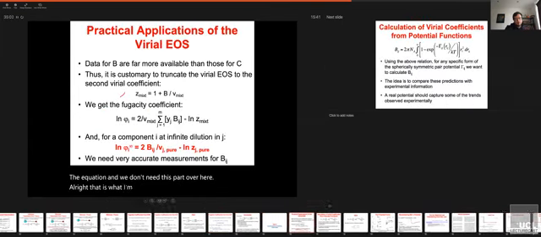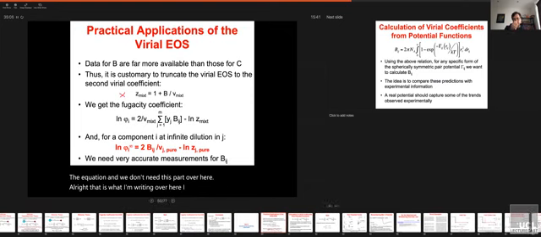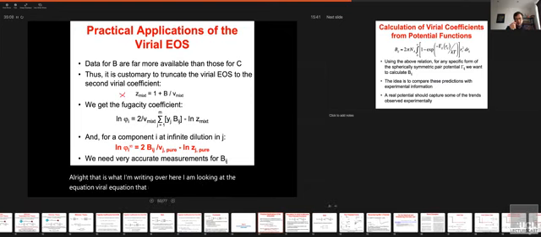I am looking at a virial equation that is written for a system. It can have multiple compositions in there, but I look at the limit at very, very low densities where the second virial coefficient is enough. Then I can do the same approach. I can put it into the equation, find out the fugacity coefficient of my components in the system, and I find this equation over here.